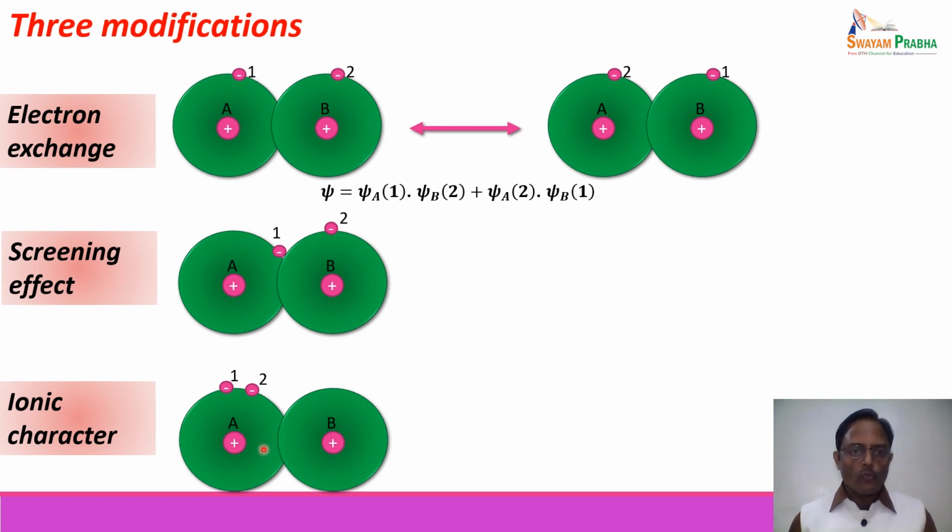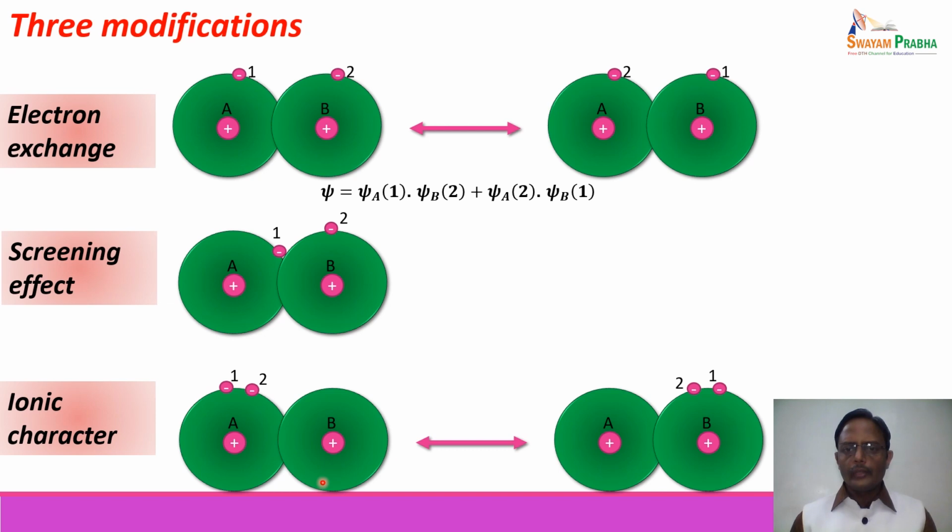There is quite a possibility that at some instance both the electrons may be observed near nucleus A while there is no electron near nucleus B, and equally probably both the electrons are present near nucleus B with no electron near nucleus A. In this case we can see that an ionic character is introduced in the molecule, which leads to a negative charge on this side and a positive charge on this side, while in the other case there will be a negative charge on this side and a positive charge on the other side.